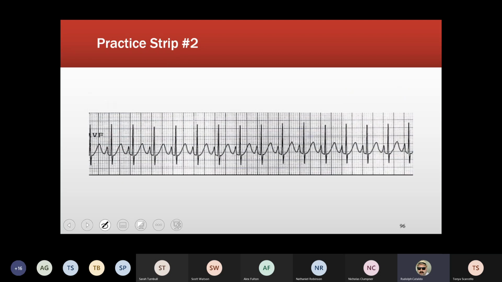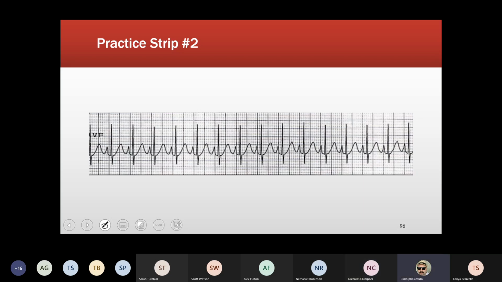All right. Somebody else, take a look at this and tell me what you see. Ooh, this is a tricky one, huh? Use our principles. Is there a P wave for every complex? Yes. P wave for every complex.